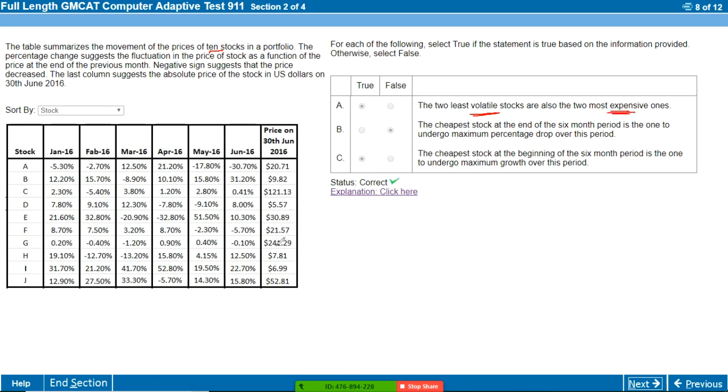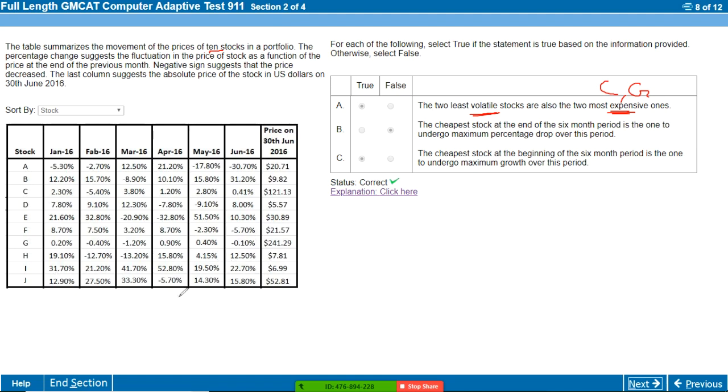Which are they? Stock C and stock G are definitely the two most expensive ones, with 241.29 and 121.13. So for stocks C and G, let's analyze whether they are the two least volatile ones, which means the magnitude of these fluctuations should be the least.